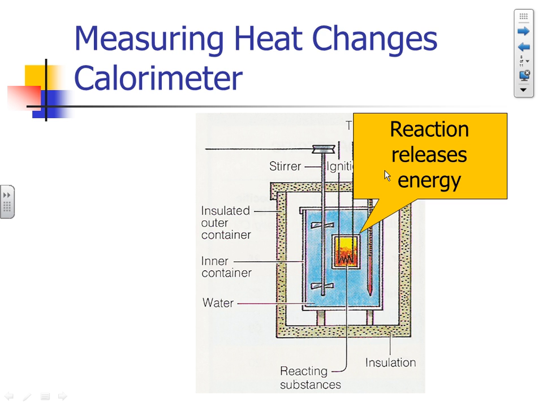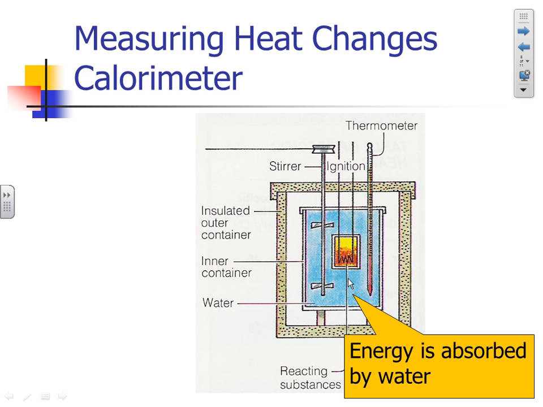So this reaction releases energy. Your hot thing is going to release energy. And where's that energy going to go? It's going to go into the water. So energy is going to be absorbed by the water. How much? Exactly the same. Why? Energy conservation. Okay. So if we can monitor the temperature change of this water, and we know its specific heat value, we can calculate how much energy it has gained.